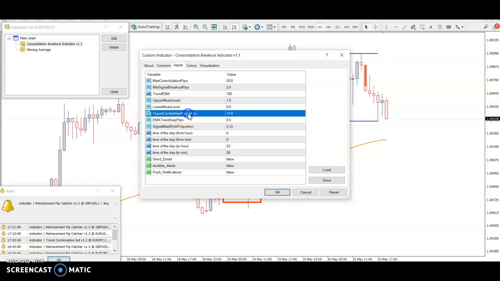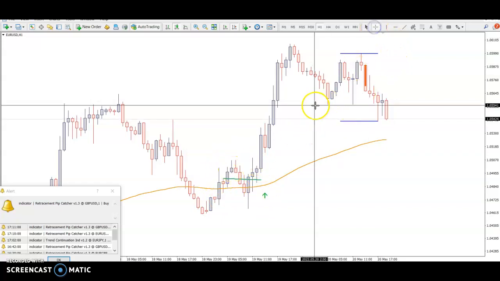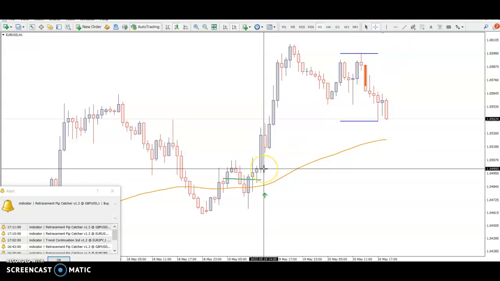Okay. The proportion, the signal candle max proportion. How big can this candle be in proportion to the size of the consolidation? This is a feature which you don't need to use, but it's here.